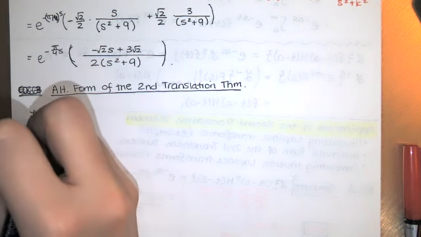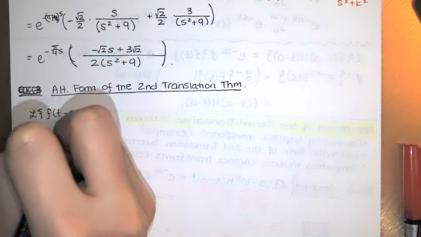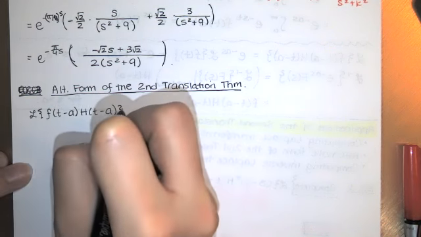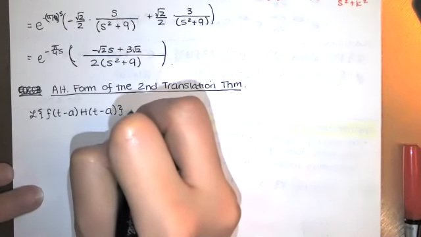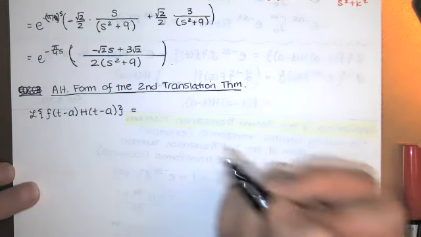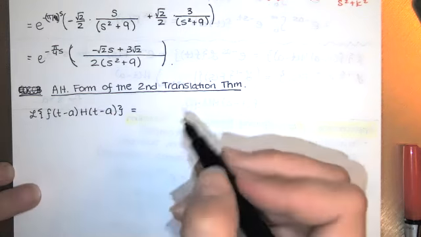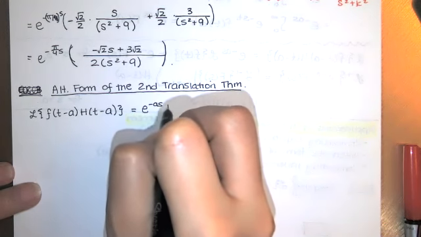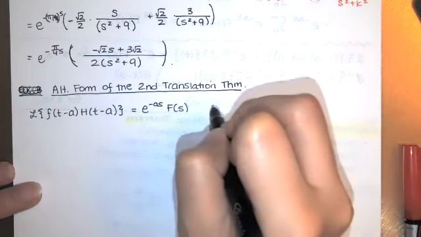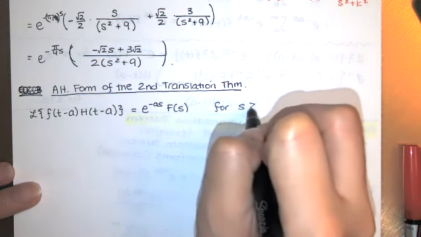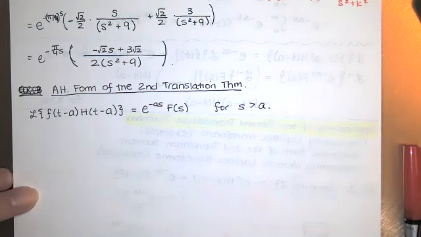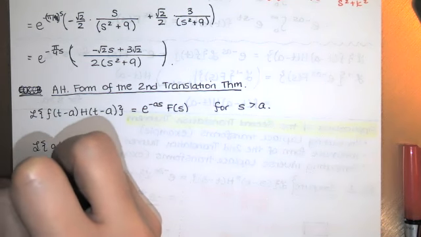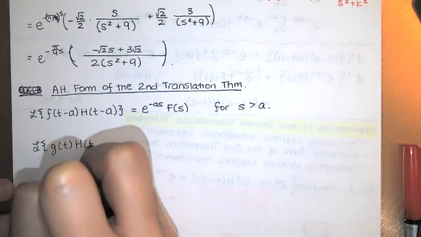Remember, the second translation theorem says that if f has a Laplace transformation, then the Laplace transformation of f of t minus a times h of t minus a is e to the negative as times the Laplace transform of f, and that works for s greater than a. Question is, well, how would that apply to g of t times h of t minus a?